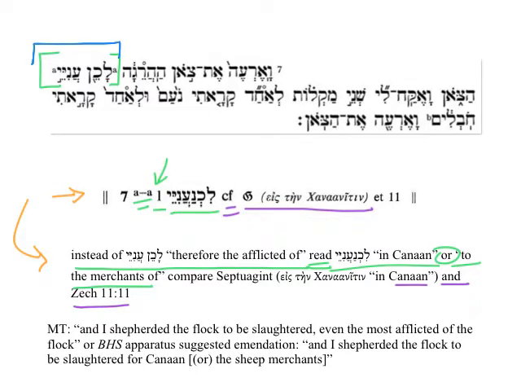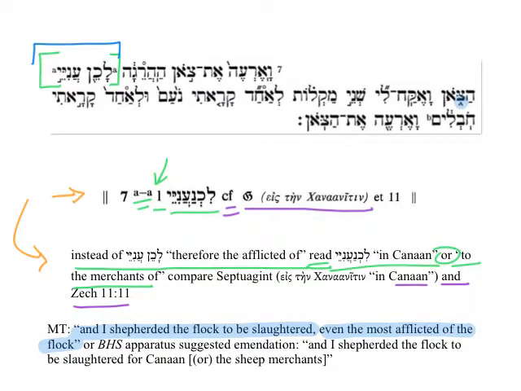So in short, this is a reasonably light emendation suggestion. Rather, the question is spacing and what the words are. So is it therefore the afflicted, or is it in Canaan, or to the merchants of? And it's just a little bit tricky, and so we're going to have to consider it further. But in short, the Masoretic text reads something like, and I shepherded the flock to be slaughtered, even the most afflicted of the flock.